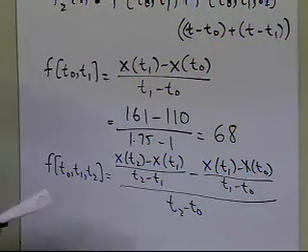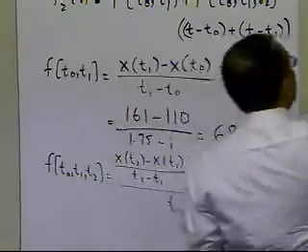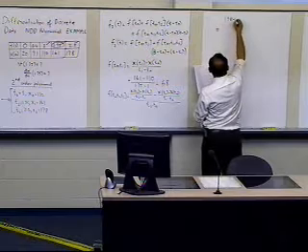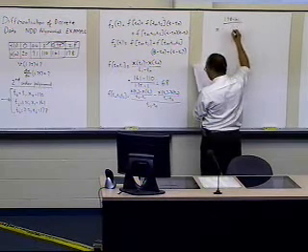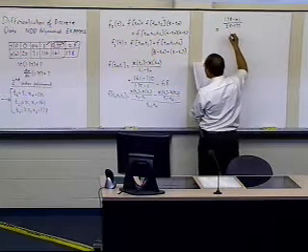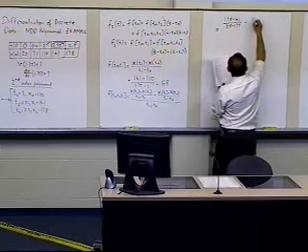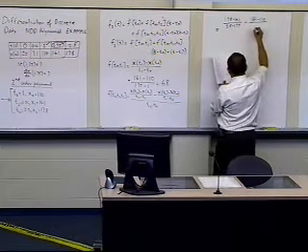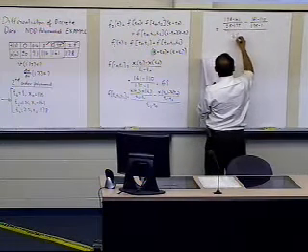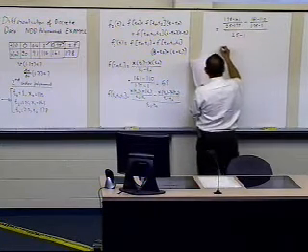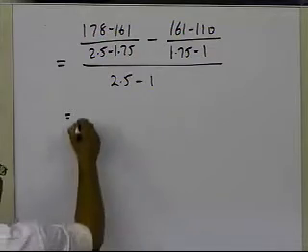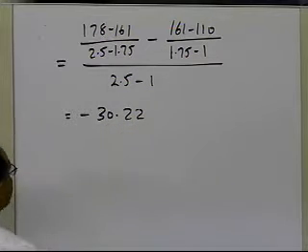If we do the substitution, we get 178 minus 161, because that's the value of x at those points, divided by 2.5 minus 1.75, minus 161 minus 110 divided by 1.75 minus 1, all divided by the difference between t2 and t0. And this number turns out to be minus 30.22.